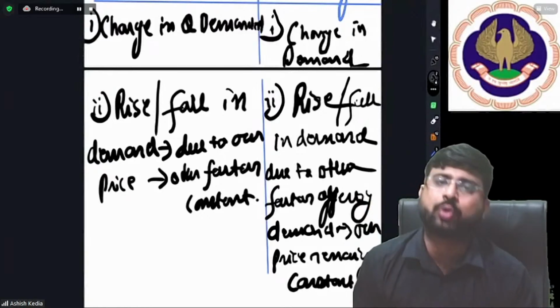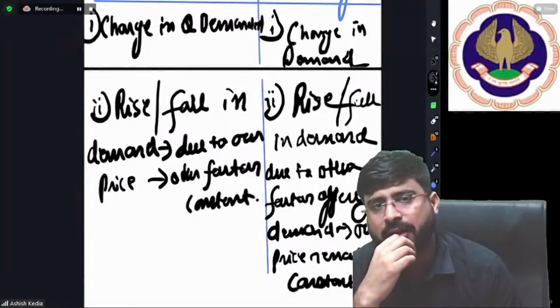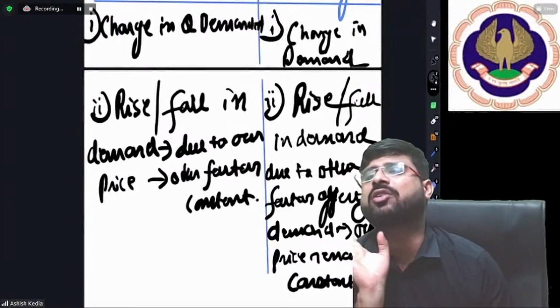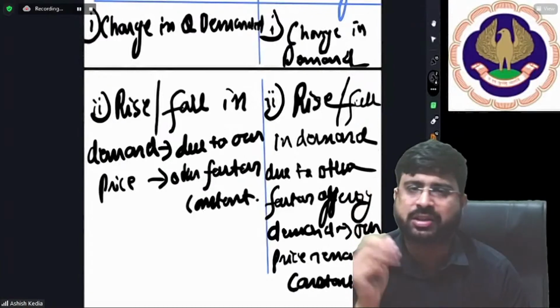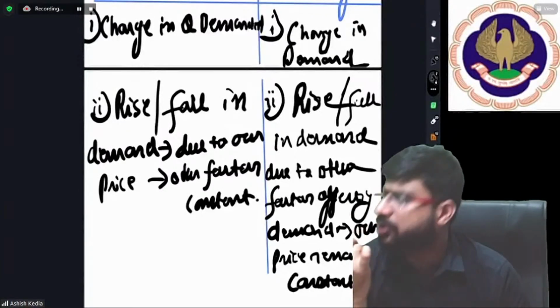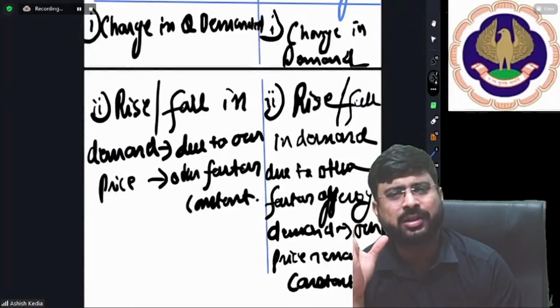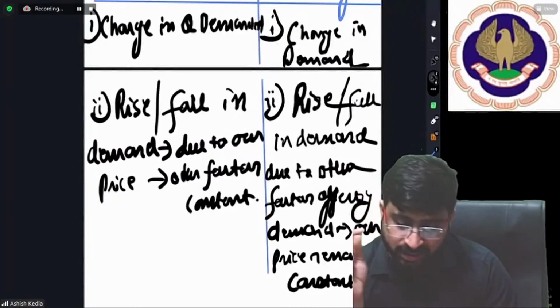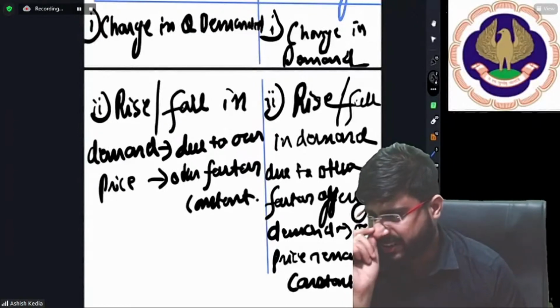For example, income has grown, so demand has grown. Income fell, demand fell. Any other factor, tastes and preferences, price of related, substitute or complementary commodities, if they are influencing demand, that's shift. But if own price is affecting demand, that's movement.